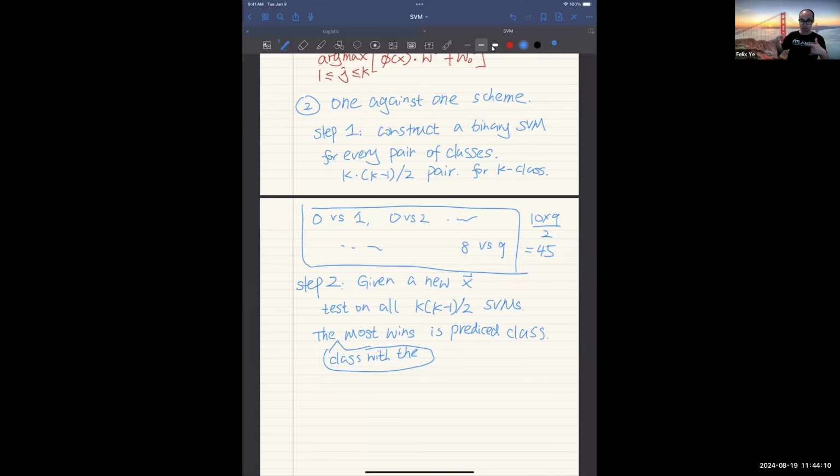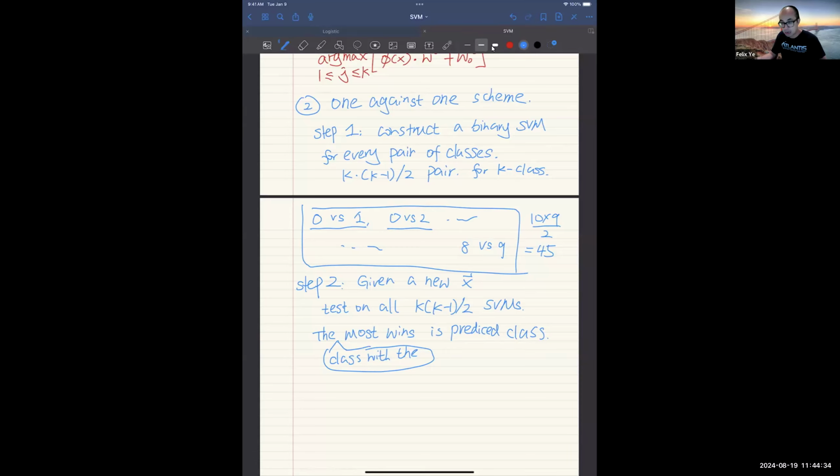You can think about this like boxing, but in this case you will have 45 boxing matches. You try these 45 matches one by one, and for each of them you will have a winner. For example, the first one could be won by 0, the second one by 2, and so on.